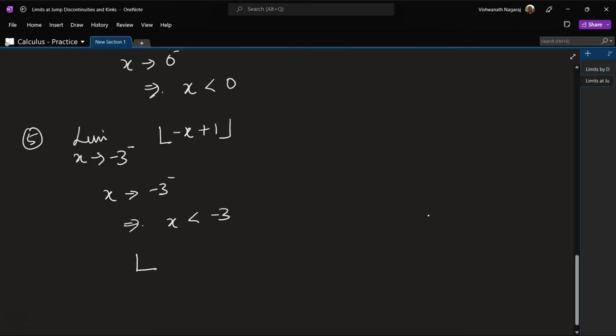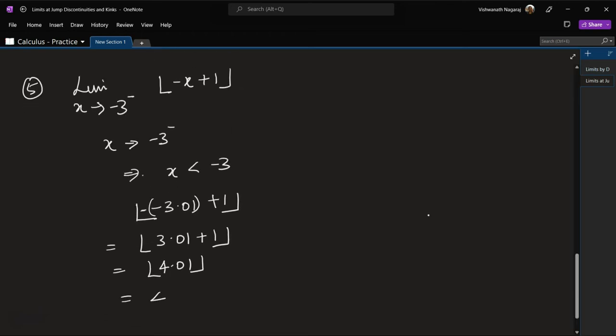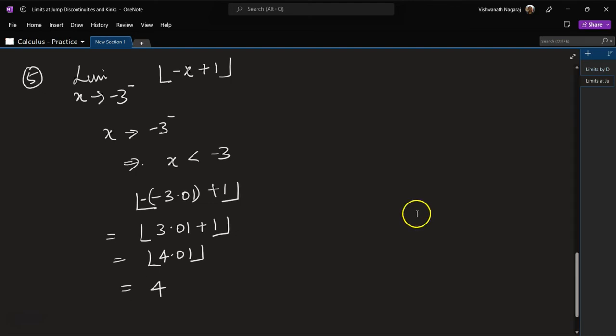Minus of minus 3.01, plus 1, would be floor of 3.01 plus 1, which is equal to floor of 4.01, and that is 4. Now, if we take minus 3.001, it will become 3.001 and 4.001, so the limit is 4.